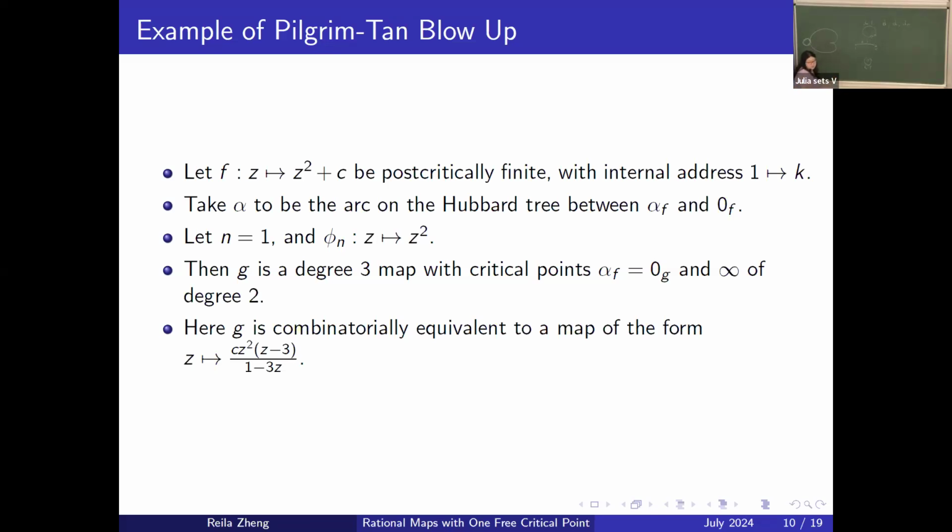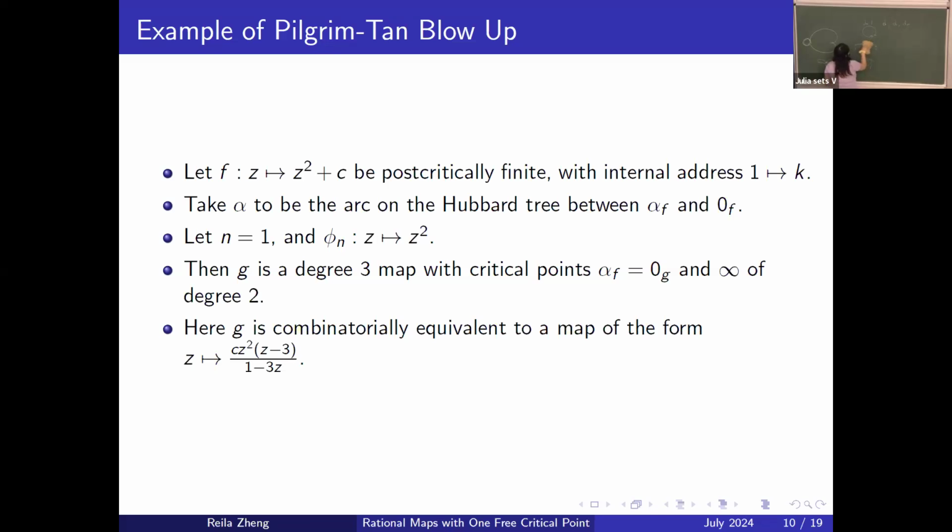And we're going to do this blow up where we're going to take alpha to be the arc between 0 and the alpha fixed point, and this arc satisfies the blow-up conditions. You're going to cut it, you're going to glue in a disk, and you're going to define the map on the inside to be z goes to z squared. So then the result, you're going to end up getting a degree 3 map.